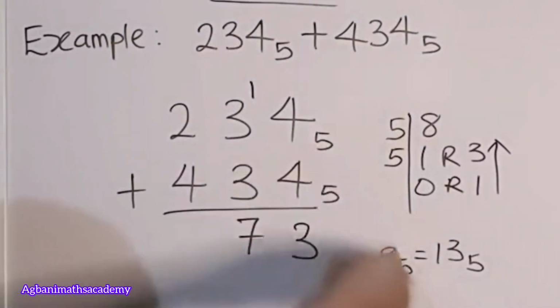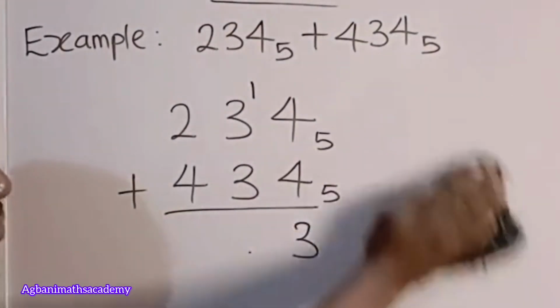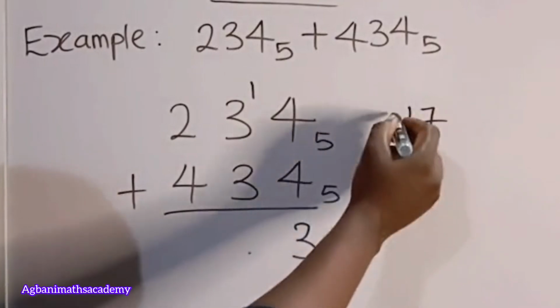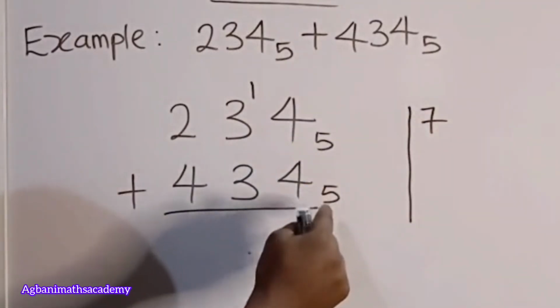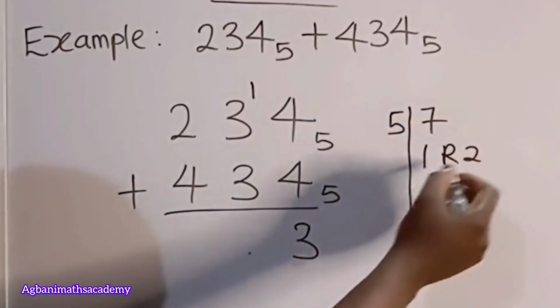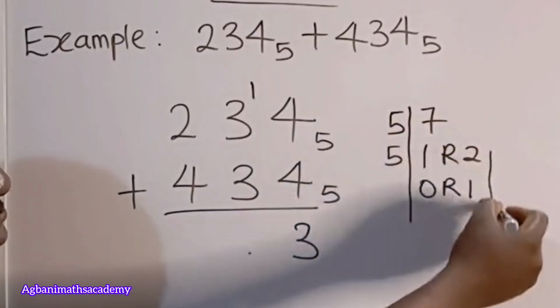So we need to go through this process again, but this time with 7. So 7, we are dividing by 5 because we are working with base 5. So 7 divided by 5 is 1, remainder 2. And 1 divided by 5 is 0, remainder 1.